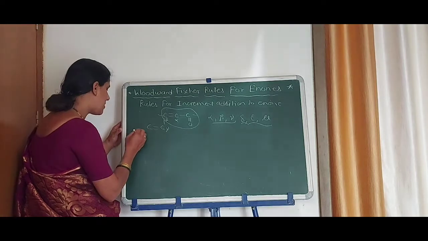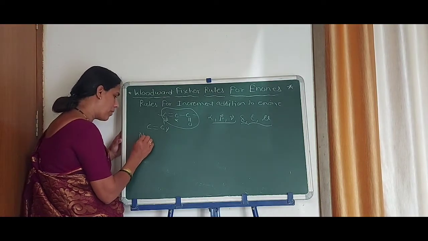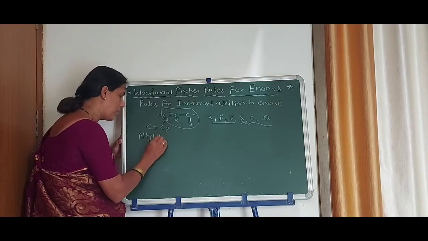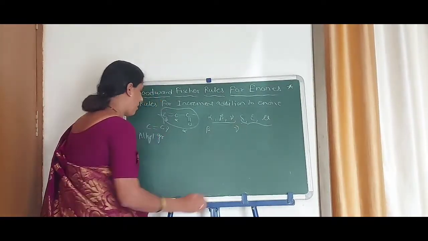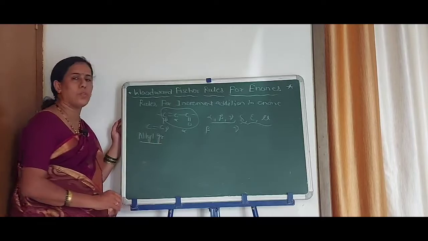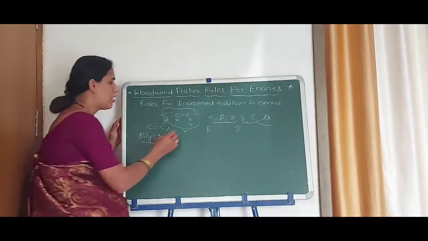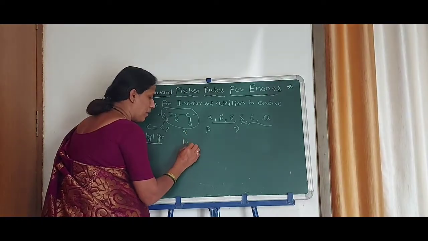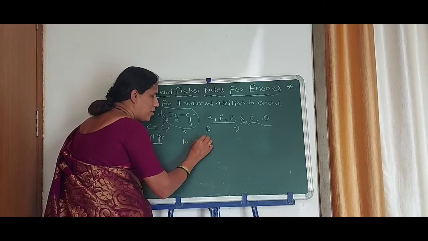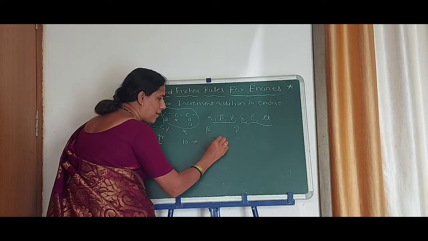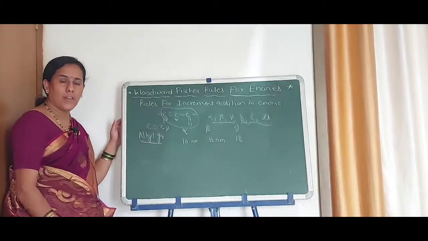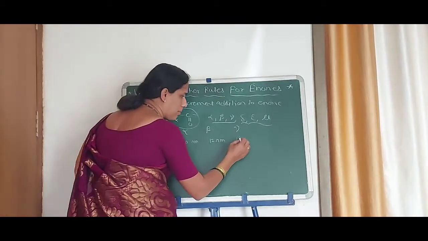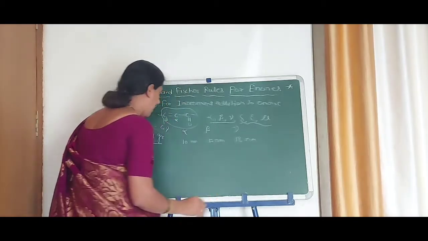First is the alkyl group at alpha, beta and gamma positions. If an alkyl group in the enone system is attached at the alpha position, you add 10 nanometer. At the beta position, you add 12 nanometer, and if an alkyl group is attached at the gamma carbon atom, we add 18 nanometer.